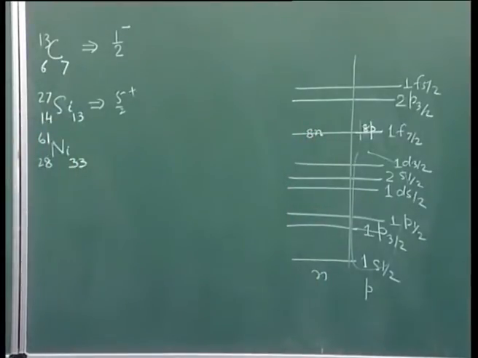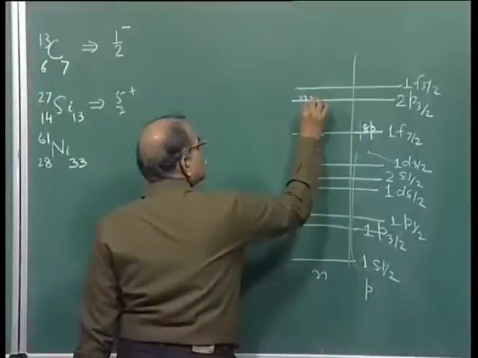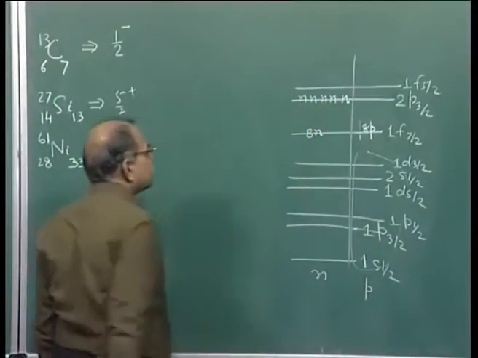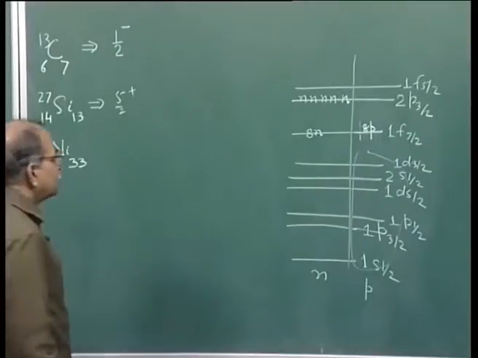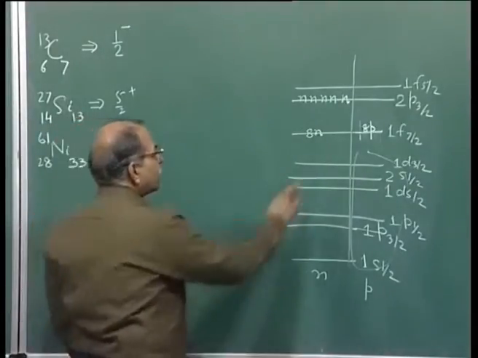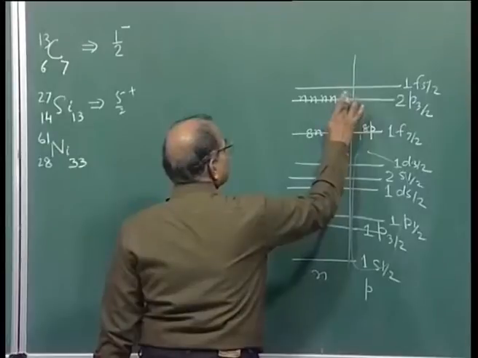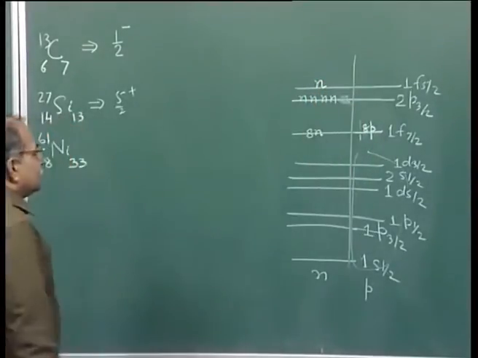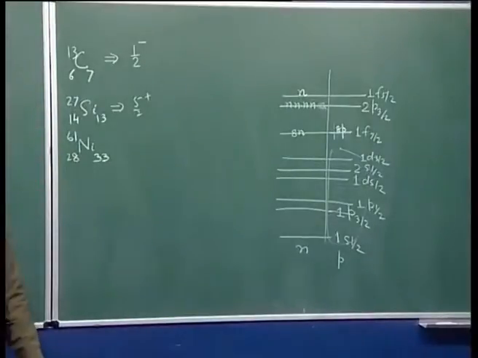So up to here it is 28 neutrons. How many more are there? So 1, 2, 3, 4, 5. It cannot contain a fifth. So n here. All right.